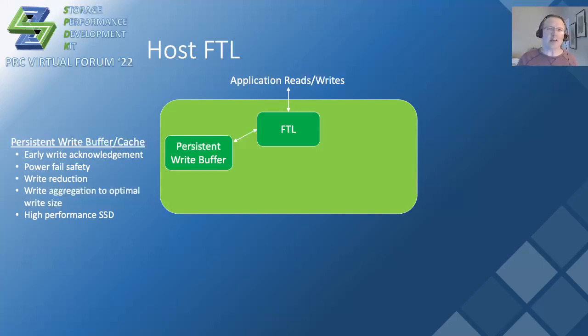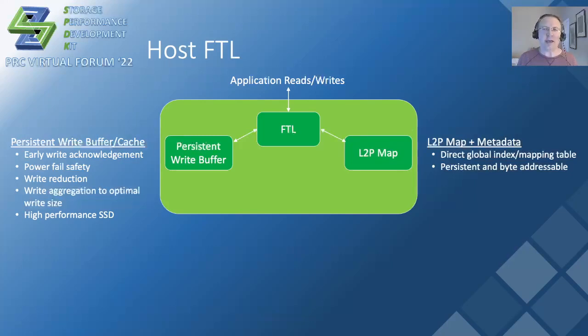This is what aggregates all the writes that are coming in to the block device, and we write these to a high performance SSD. We have a logical to physical map. So basically keeping track of the logical blocks that have been written by the user, where do they actually exist on the physical media. So this is persistent, byte addressable.